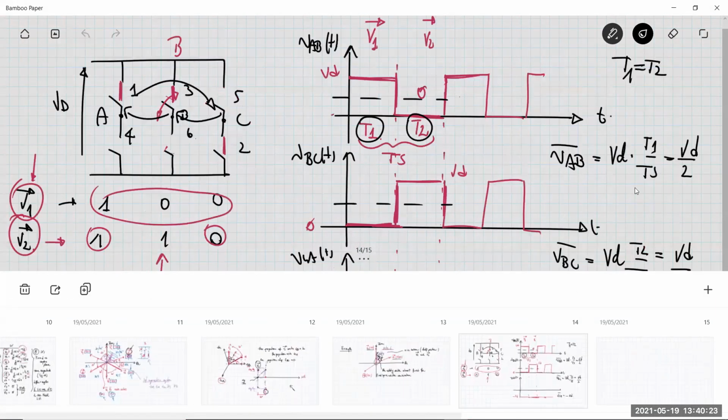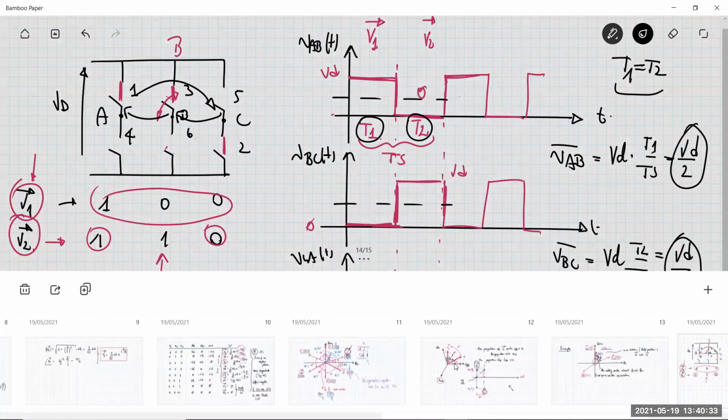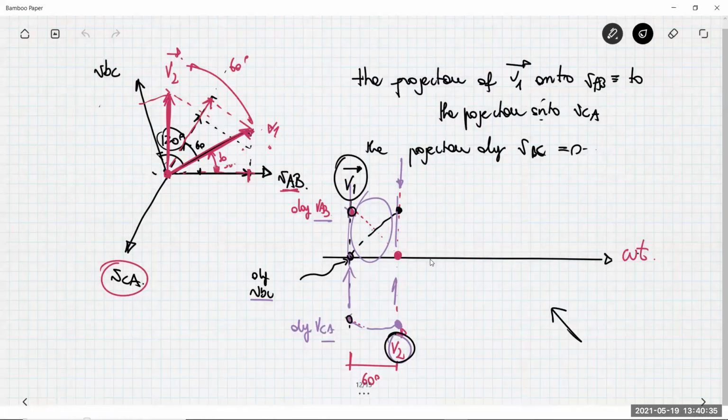The average value here of VAB is the same as that of VBC, having T1 equal to T2. Okay, so I get something which is exactly here. This is the crossing point that makes VBC and VAB equal.